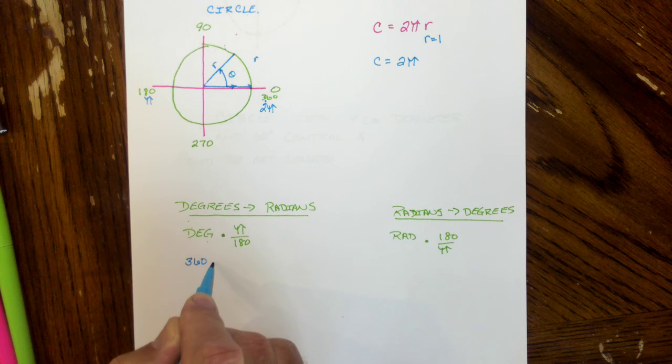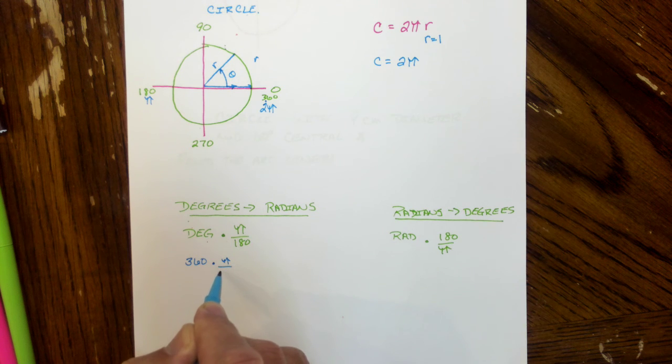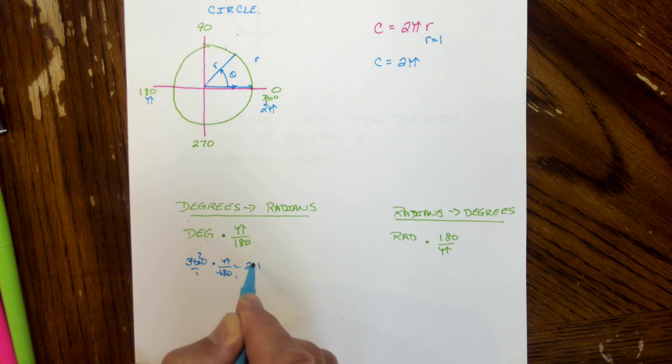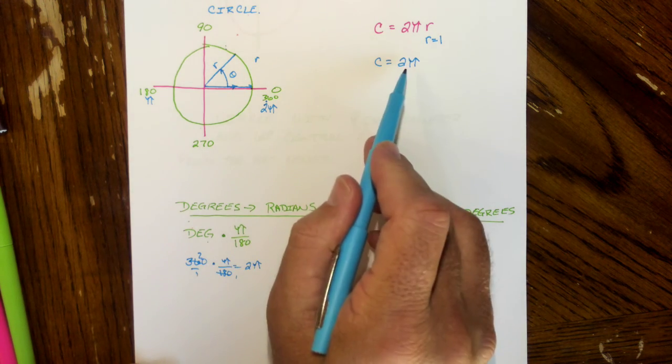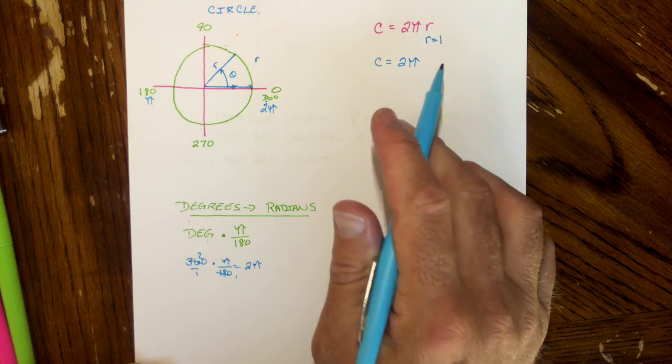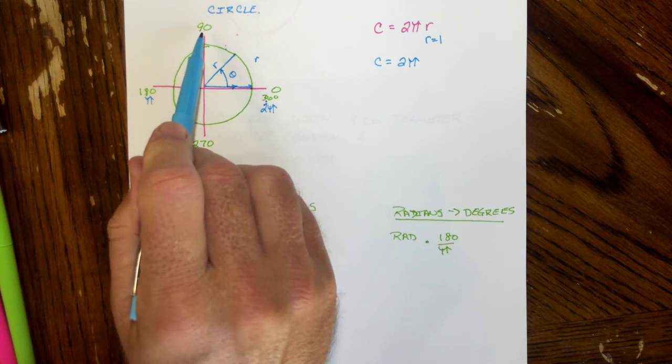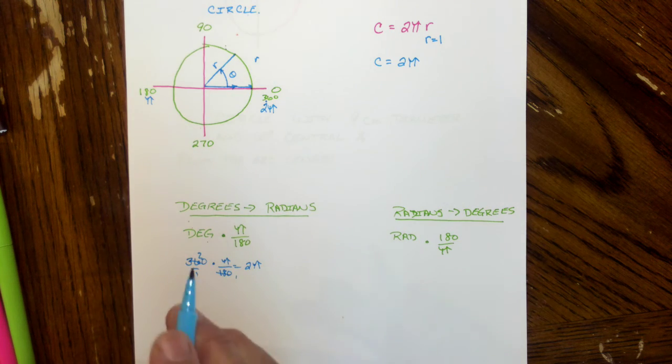So let's look at this for a second. If we took 360 times pi over 180, reduce, well, what do you know? 2 pi, and I set you up to figure it out. So my question to you then is, what would a 90-degree angle be?